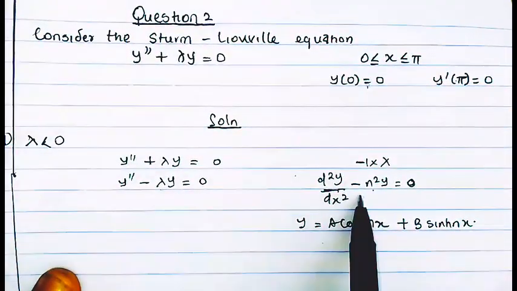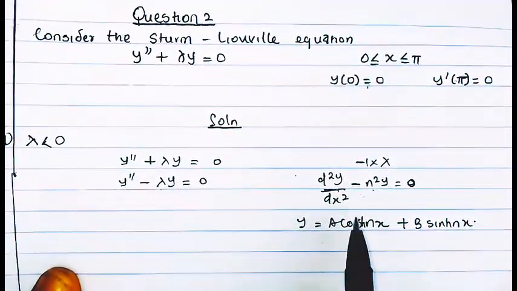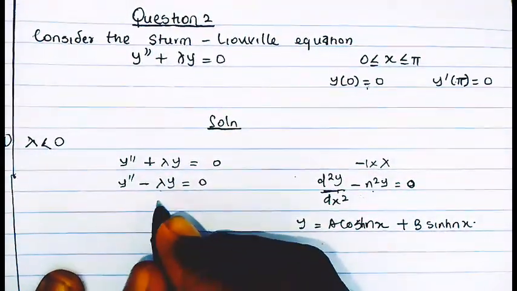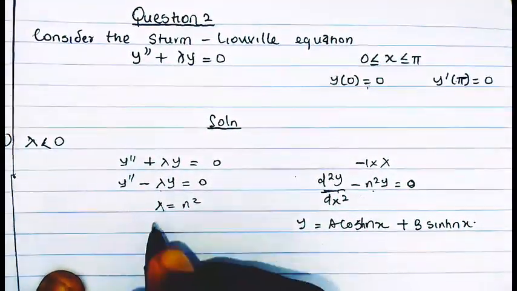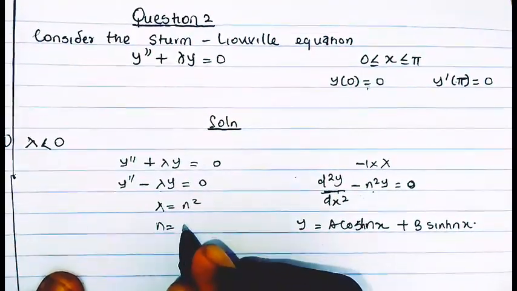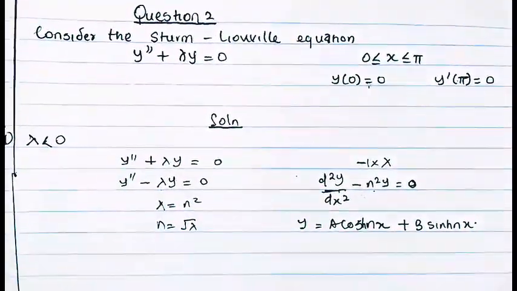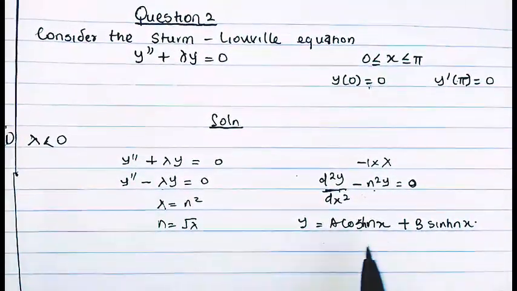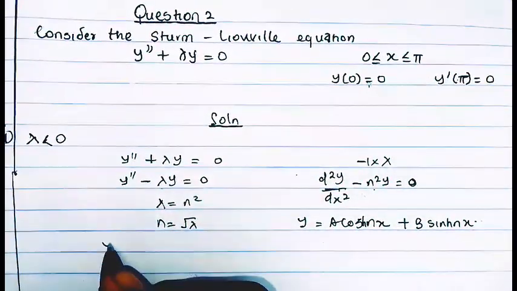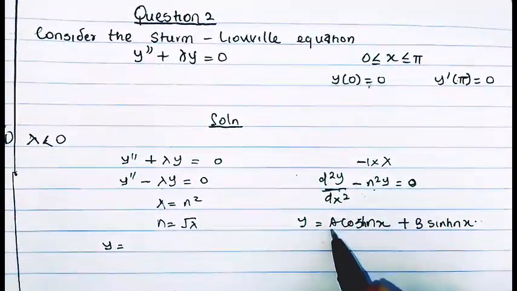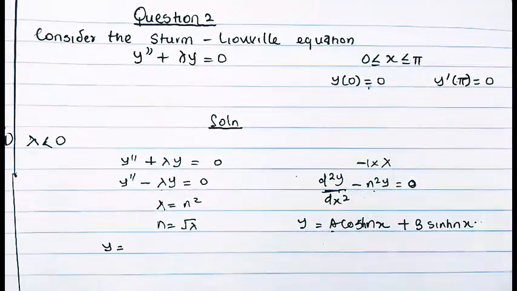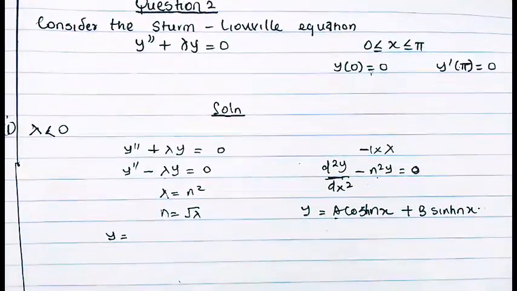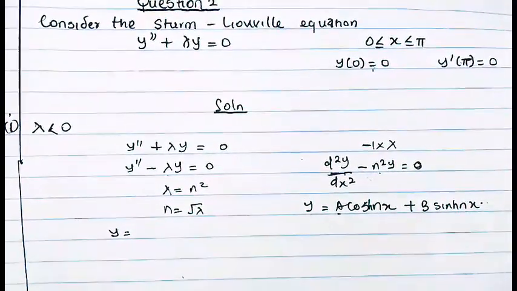Now comparing this and this, I have my lambda equal to n squared, which means my n is equal to the square root of lambda. So instead of going through all this stress, I just substitute this right here. Let's call the constants c1 and c2, which is actually the same thing. We are just changing the alphabet.